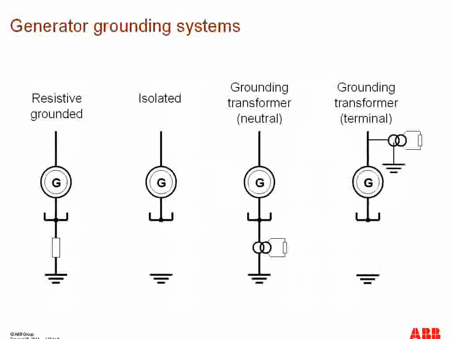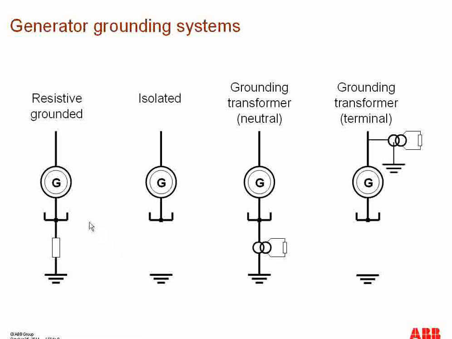There are several ways to provide generator grounding systems, and we will talk about it a little bit in detail, about what the benefits and advantages are of the different types of grounding systems provided in generating stations. The first one is the resistive grounding.